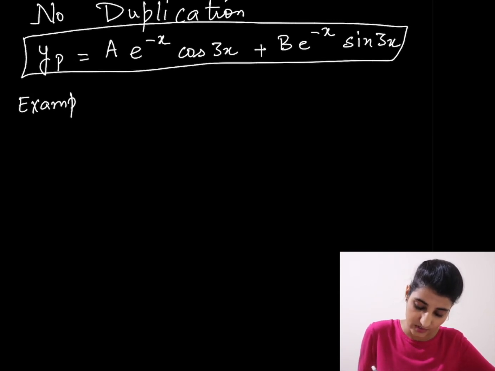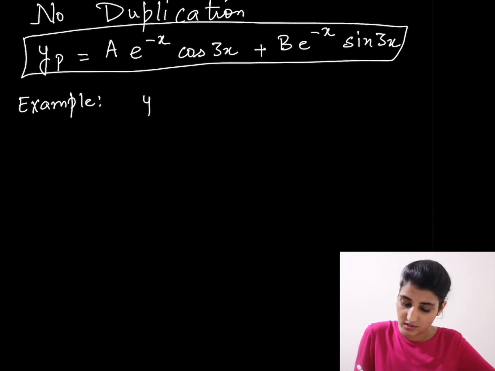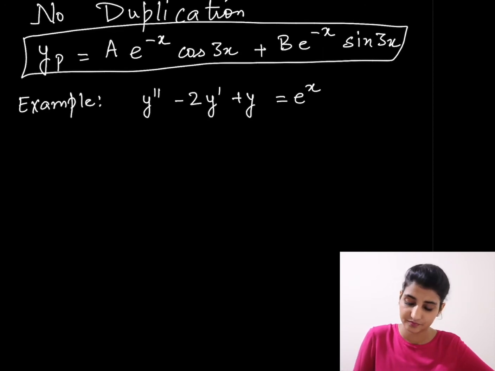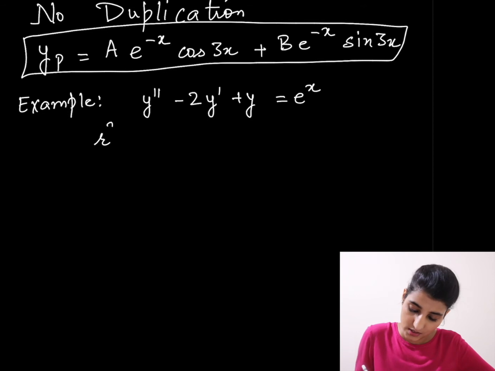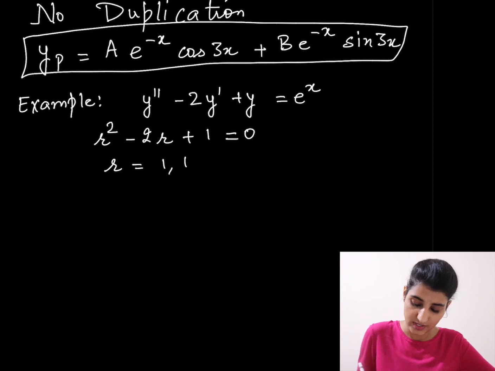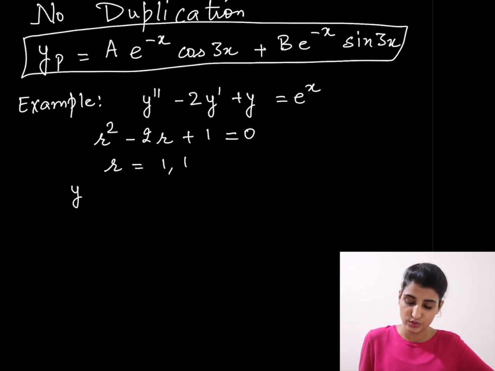Next example. y double prime minus 2y prime plus y equal to e power x. So our characteristic equation over here is r square minus 2r plus 1 equal to 0. So r equal to 1 and 1 are the roots.